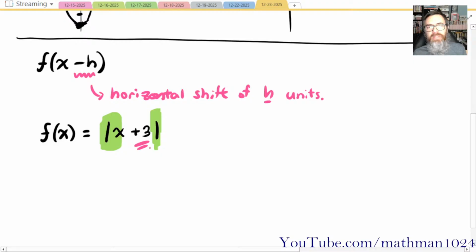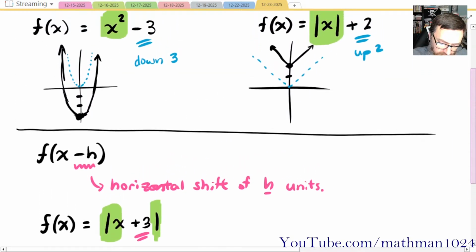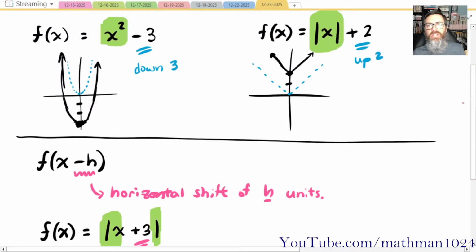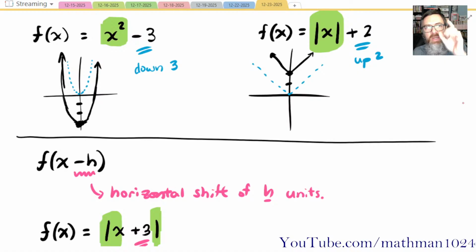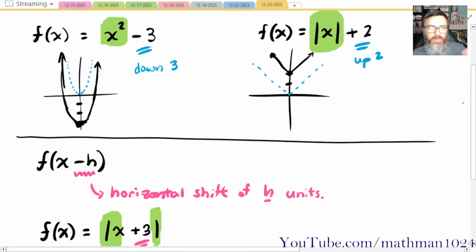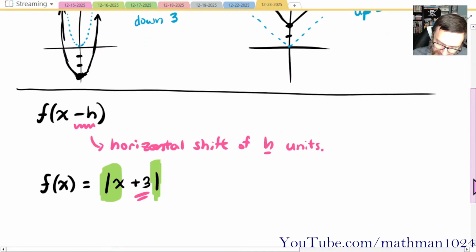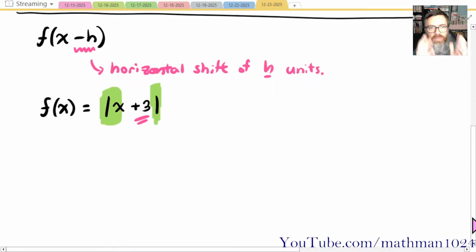So what's happening is that this plus 3 is taking effect before the absolute value occurs. Whereas when it's on the outside, you do the function, whether it's the square or the absolute value or square root or whatever it happens to be, that gets resolved first, and then you do the plus or minus value. But when it's inside those special symbols, you have to address that first.